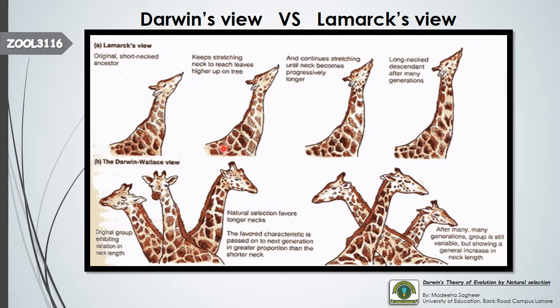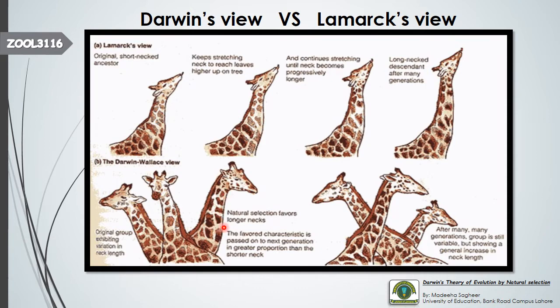But on the contrary, Darwin and Wallace's view was quite different. They thought that in the population there is variation. In the population, not every individual is the same. There is a variation in individuals of the population. Already in the original population of the giraffe, most of the giraffes have the short neck, but there are few that have the long neck by nature, right?